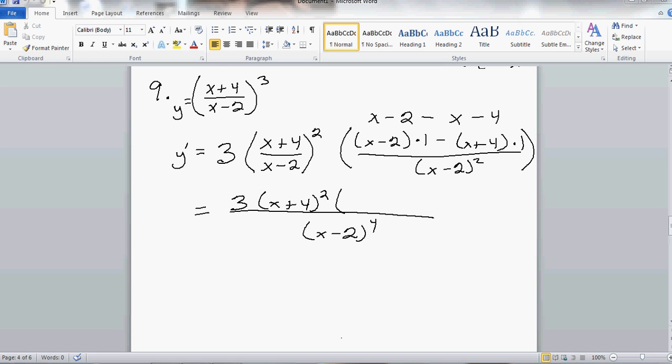And notice the x's cancel each other out, so that just leaves a negative 6. So we have this whole mess here, and it doesn't take much to simplify this a little bit further. 3 times negative 6 is negative 18. Negative 18 times the quantity x plus 4, the quantity squared, all over quantity x minus 2 raised to the 4th power.